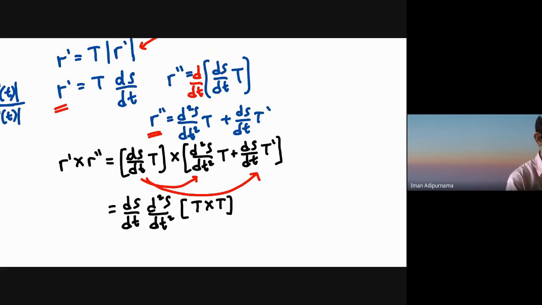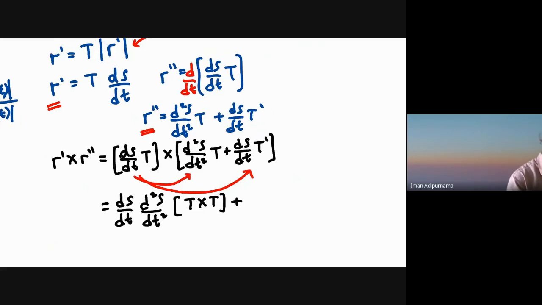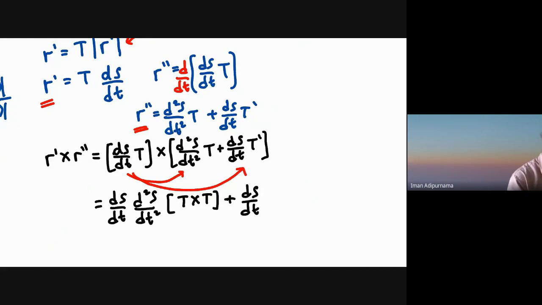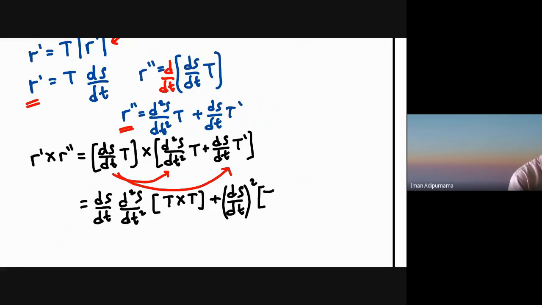And then plus ds over dt. Let me make it squared because it's multiplied with each other, and then multiply with T cross T prime. Okay.